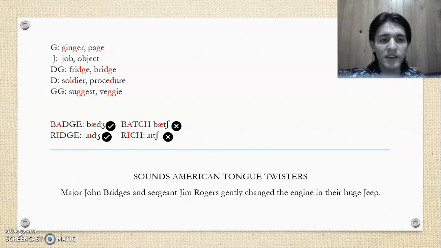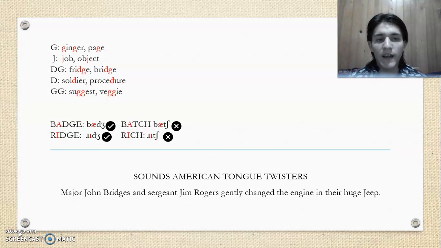It can be a J in job, object. It can be a DG in fridge or bridge. It can be a D in soldier, procedure, and it can be a GG in suggest and veggie.